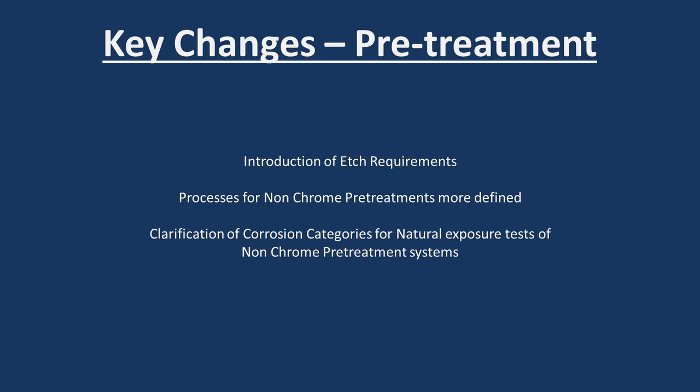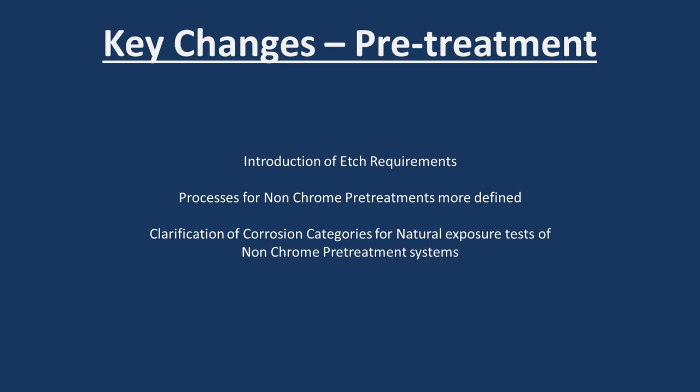So there were key changes in all the different areas within the specification, within the standard. I've just got a few slides, one for each of the main areas, and what I feel are the main changes. So on pre-treatment, the first thing we did was we felt that we had to introduce an etch requirement.